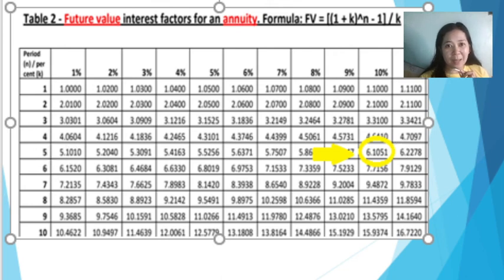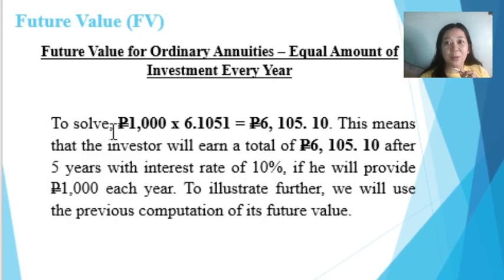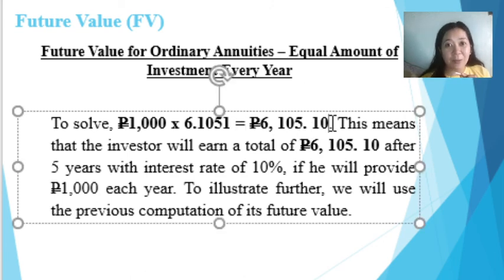To solve, we have here 1,000 times our interest factor from table 2. So after 5 years, if you place 1,000 every year, the future value of your investment after 5 years will become 6,105.10.